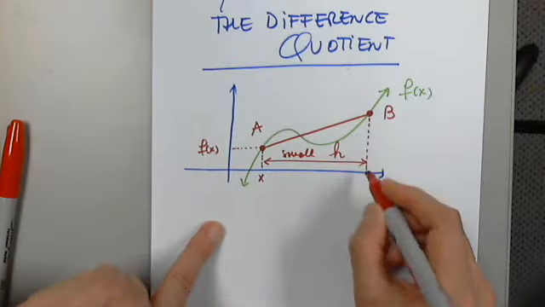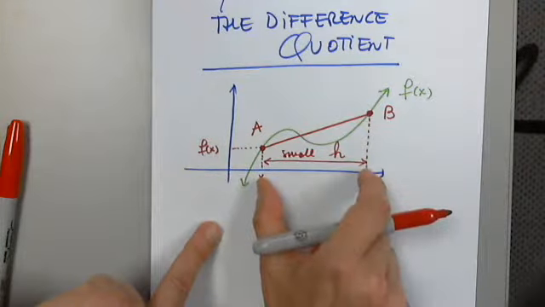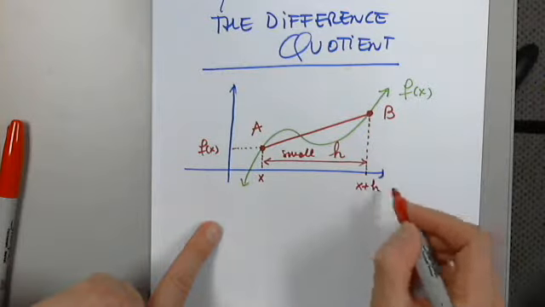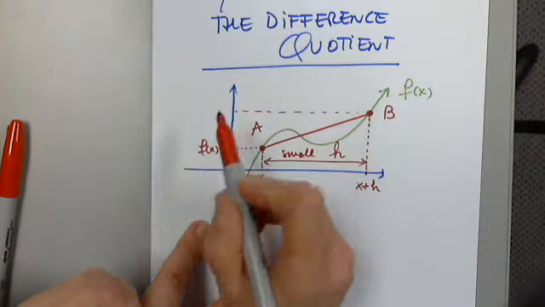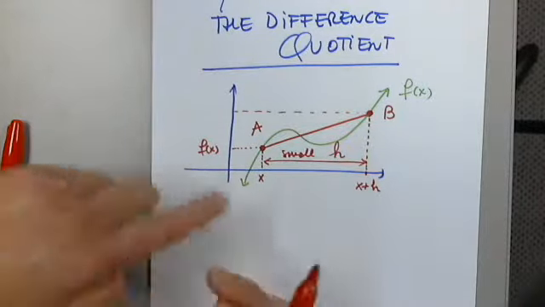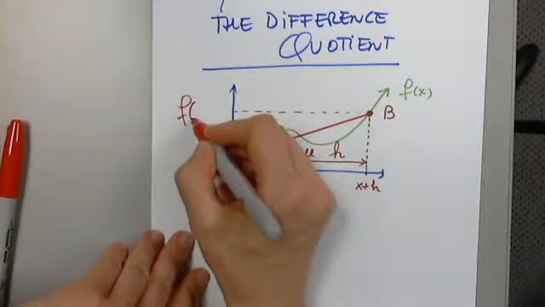Then what is this? If this is x and this is h, what is this? Of course. And now please tell me what is the y value of this point. Say it again. Indeed, thank you very much.